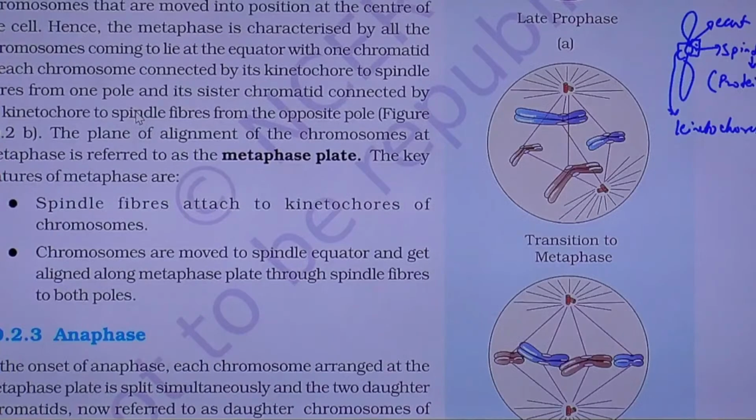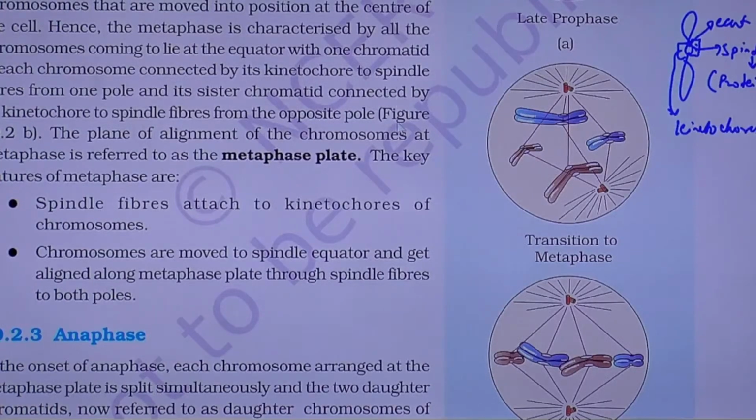So it helps the kinetochores and spindle fibers connect to the chromosomes, and from the connection it forms the aster rays, and the chromatids move to each pole: one sister chromatid to one pole, and the other to the opposite pole.